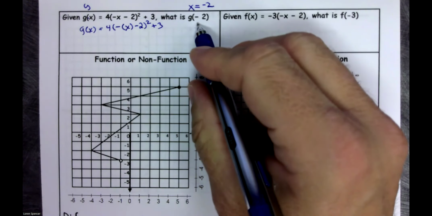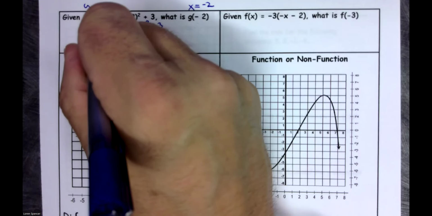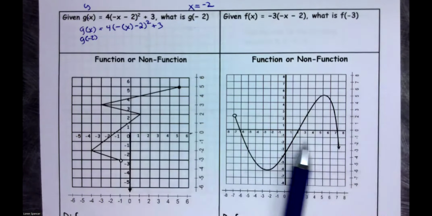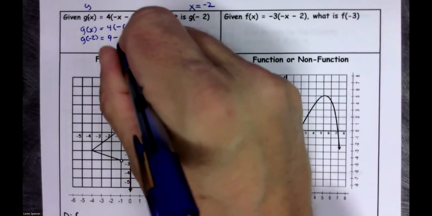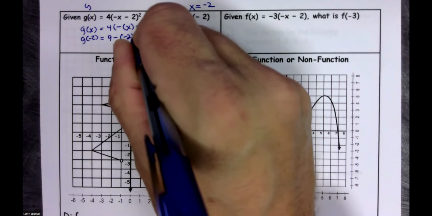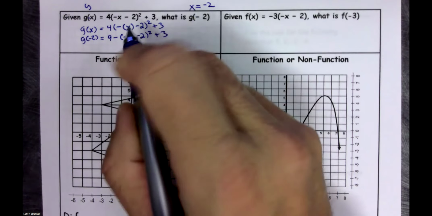So we have g of negative 2. I'm going to plug that right here. All we did was replace that x with a negative 2. So that's what I'm going to do here, equals 4 minus parenthesis negative 2 minus 2 squared plus 3.